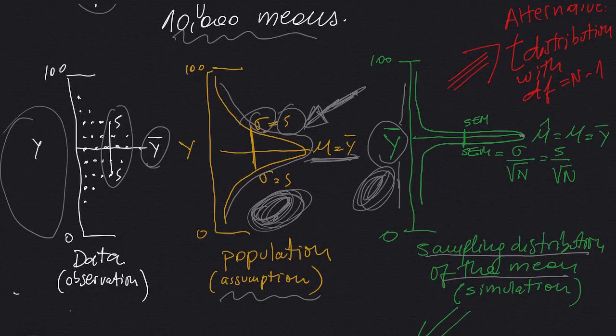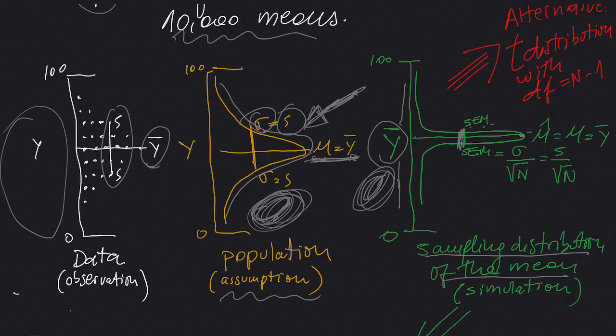What characteristics does it have? The mean of this distribution is exactly the same as the assumed mean of the population and the mean of the sample. And the standard error of the mean, SEM, is the standard deviation of this sampling distribution.